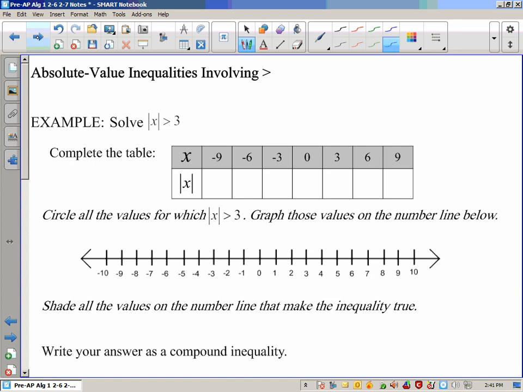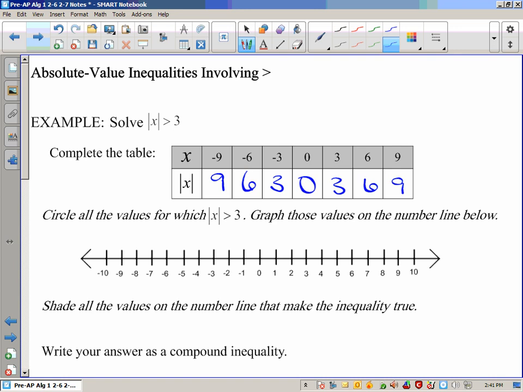All right. Now what if instead of less than we have greater than? So let's see what we get here. We're going to do the same thing as we did on the first page of this section where we filled out the table. Absolute value of 9 is positive 9 because negative 9 is 9 units from 0. No, I'm sorry. Let's get positive 6, positive 3, 0, 3, 6, 9.